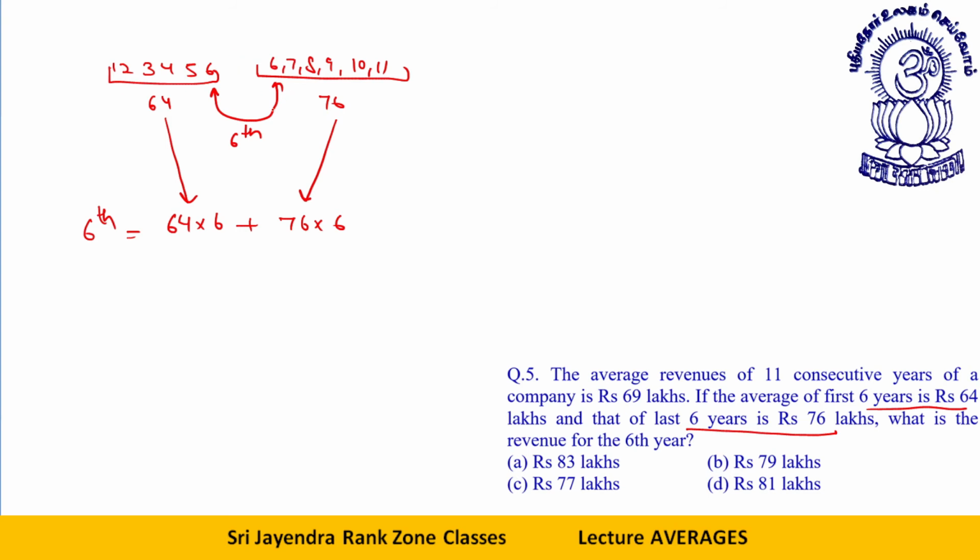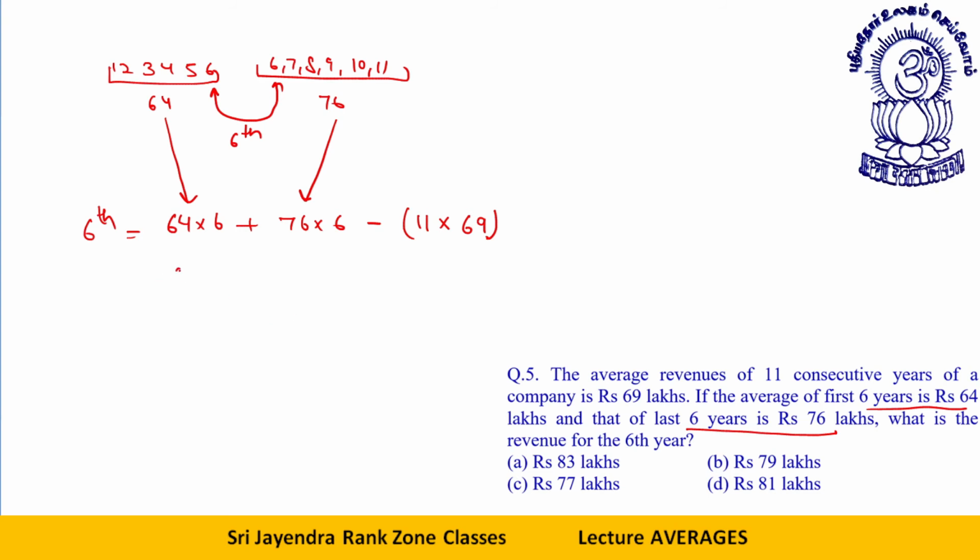Rest all the values are being added one time: 1, 2, 3, 4, 5, 7, 8, 9, 10, 11. All these values are added once, but the sixth value is added twice. So how do you get the sixth value? You add all this, you get the sixth value twice, minus all the 11 values. What is the average of 11 values? 69. This is the process by which you get the sixth value, the middle value.